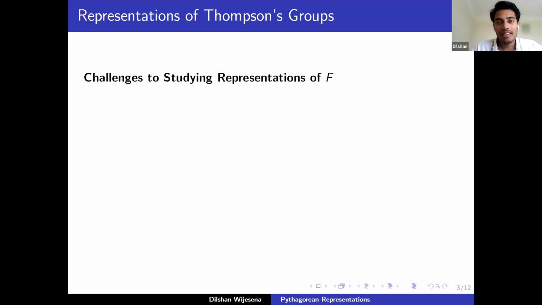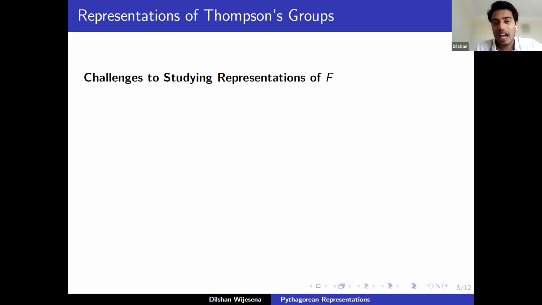One thing to note in this talk: whenever I talk about representations of groups, I will always mean unitary representations of groups acting on a complex Hilbert space. It's important to understand the representations because many analytical properties of groups have equivalent formulations, or in fact were originally defined in terms of their representations.